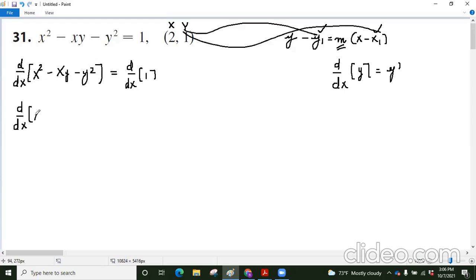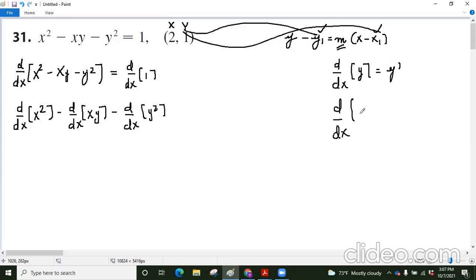You're going to take the derivative of x squared minus the derivative of xy, and then minus the derivative of y squared. If you're asking what the derivative of y is, well, it's just y prime, but the derivative of y squared, or let's say y to the third, that's 3y squared, power rule, times y prime. You just tack on a y prime.